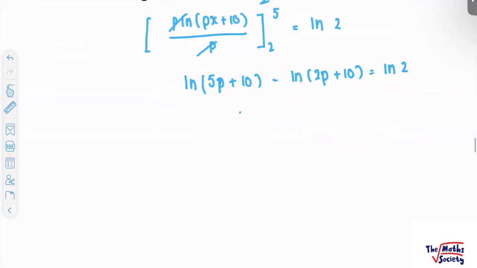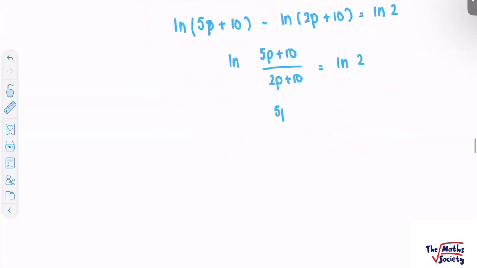This one's minus, so it's divided: 5p plus 10 divided by 2p plus 10 equals ln 2, so that ratio is equal to 2. So 5p plus 10 is equal to 4p plus 20.